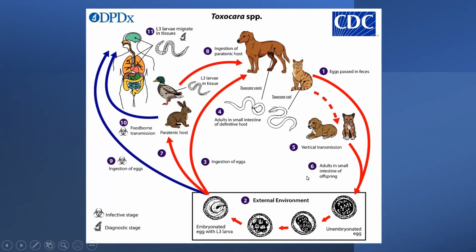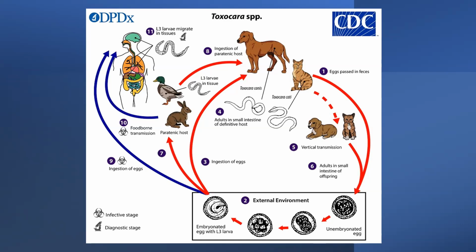So we've got Toxocara. The two primary ones are Toxocara canis and Toxocara cati, and these are roundworms that basically infect your cat and your dog. These can cause something like heartworms.